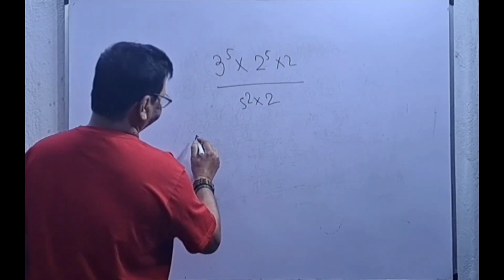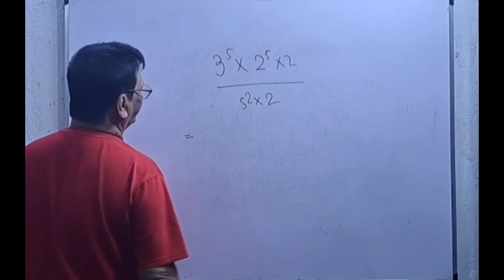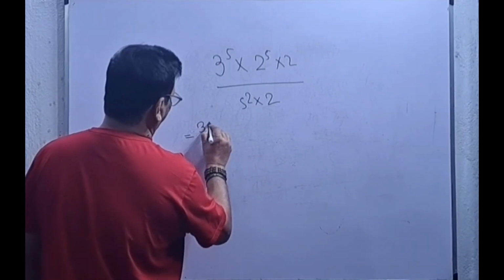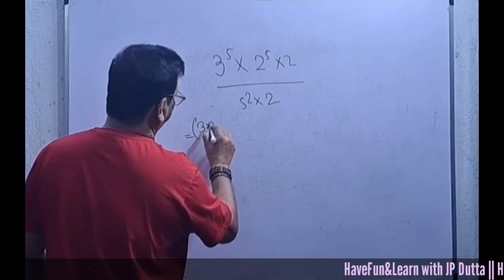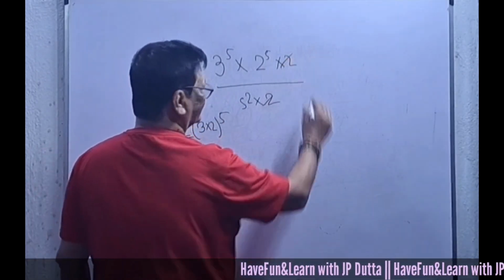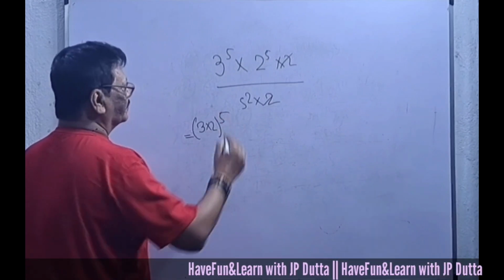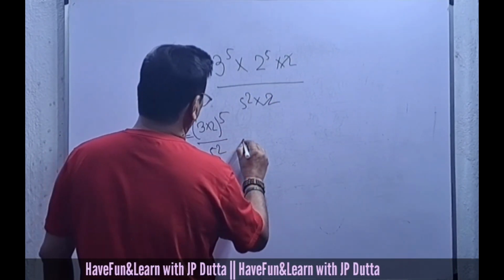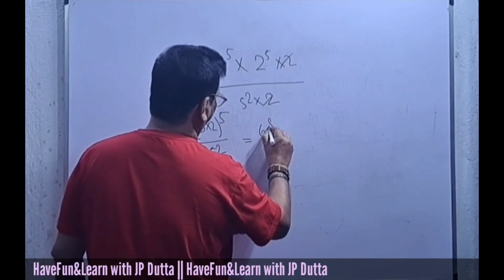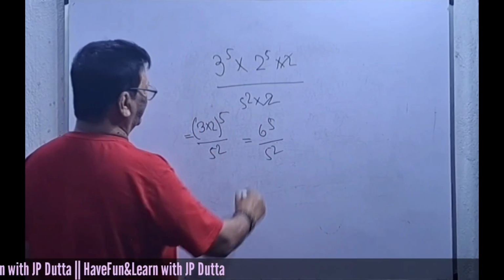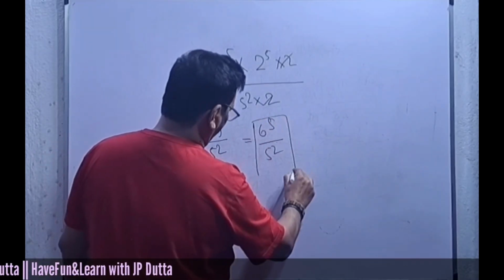Now see, on top, we can write it as 3 multiplied by 2 to the power of 5. Then these two we can safely cancel out, right? Because it will be 2 to the power of 0. And divided by 5 to the power of 2. So you get 6 to the power of 5 divided by 5 to the power of 2.